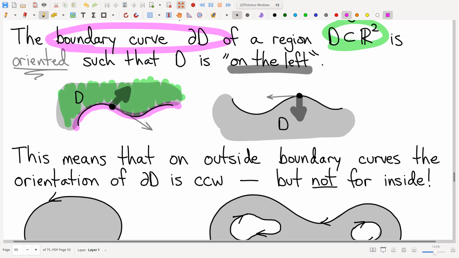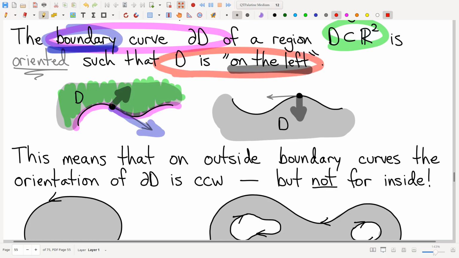There's that key word boundary. Boundary now means oriented. Oriented how? Oriented in which direction? Which direction do I go? What's the positive direction along this boundary curve? And the answer, coded into the word boundary, is go whichever way you have to along the boundary so that the region is on your left.